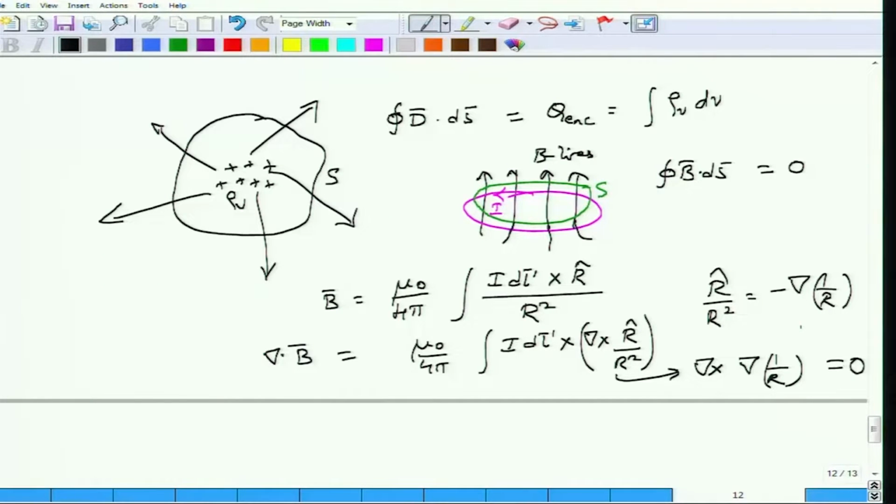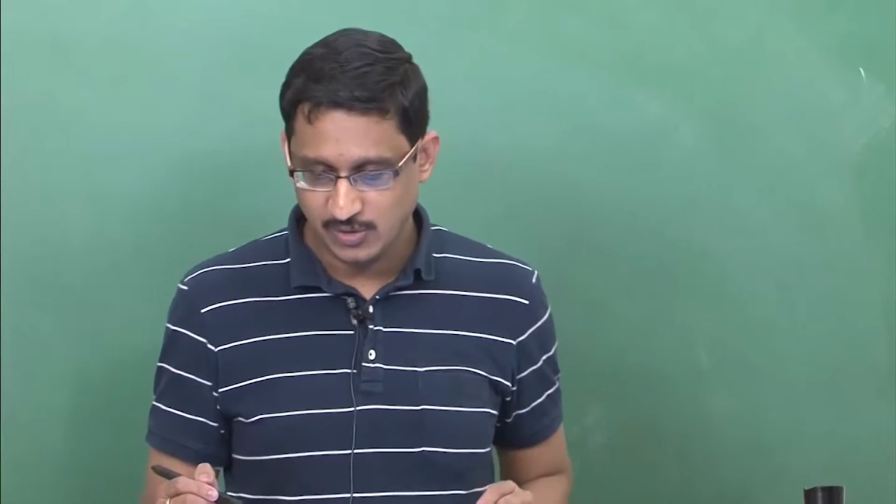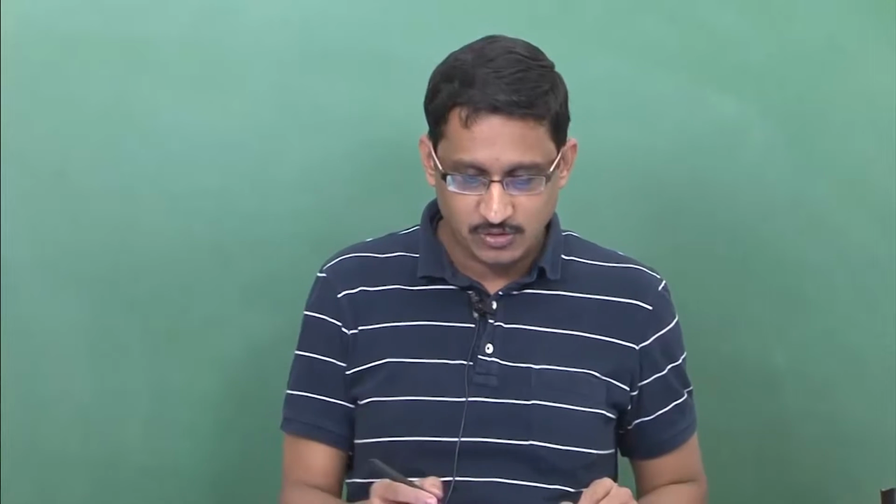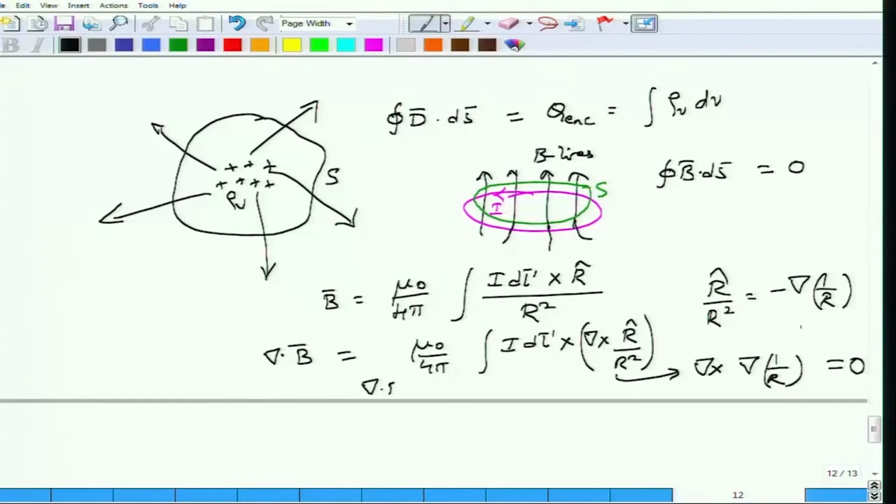We have shown it for the time independent, that is stationary, case, but this equation for del dot B is true for the time varying case also, and even there it turns out to be 0. So the integrand is 0, which means the integral is also 0, and what you get is del dot B is equal to 0.